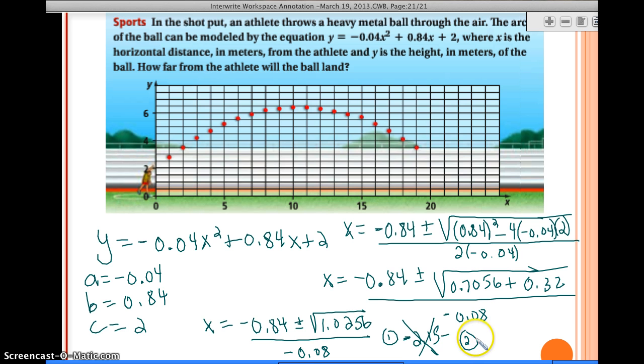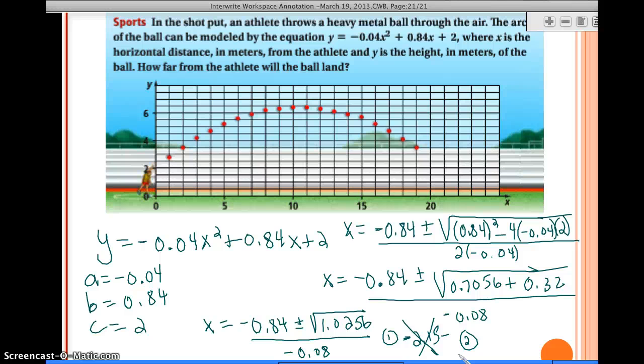Try the second one. Now take your negative 0.84. Let's be careful too, because calculators, when you input them, sometimes they're a pain which way you put them in. So now you're going to subtract the square root of 1.0256. And that gives you a negative 1.85, and so on.